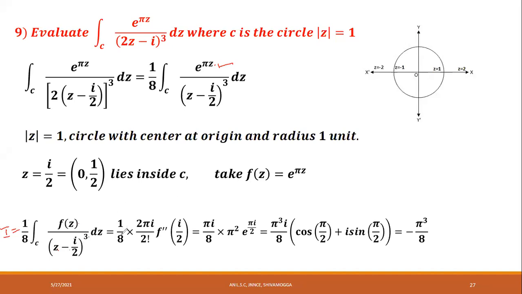Use the formula: the integral over C of f of z divided by (z minus a) whole cube dz is equal to 2 pi i divided by 2 factorial into f double dash a. Let's apply here: 1 by 8 as it is, 2 pi i divided by 2 factorial into f double dash a, where a is i by 2, substituted here.